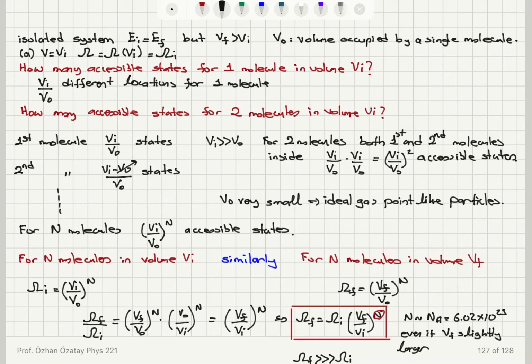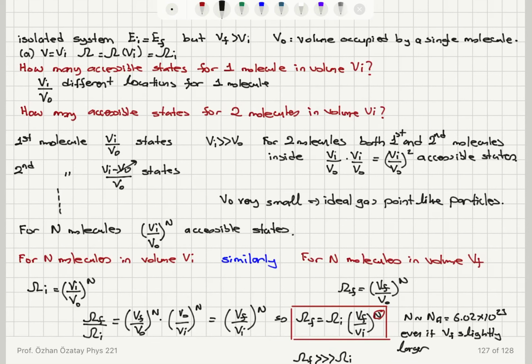For the second molecule, since we have already the first one inside, the available volume for the second molecule has decreased: V initial minus V0, divided by V0 number of compartments available for the second molecule, but because V0 is very small, it's a point-like particle, we can neglect it, so V initial over V0 is also the number of accessible states for the second molecule.